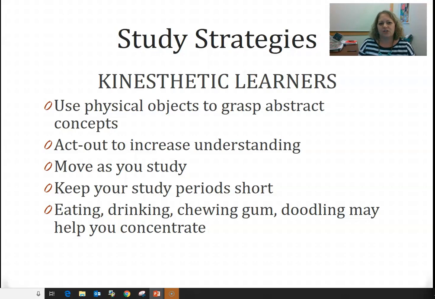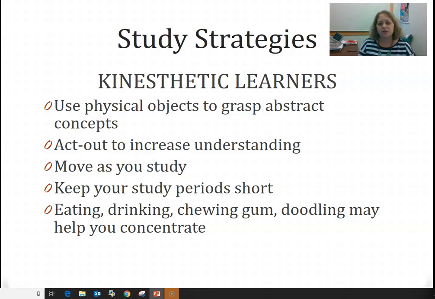Act out information. It sounds silly, but go in your room and close the door. Who cares? You're going to remember it if you're moving around, okay? Next one right there is move around as you're studying. Maybe you're on the treadmill or you're out for a walk or you're on the bike, doing something to move around as you're studying, or just moving around your room or your house can help you as well.